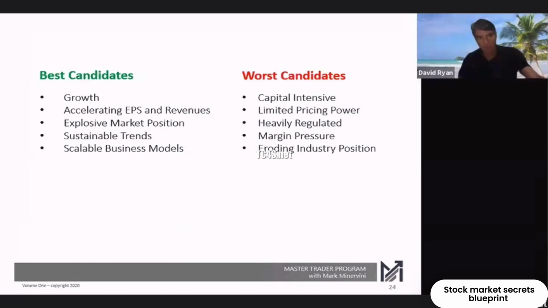And Mark, if I could add on this, when you look at these best candidates, you're looking at a market of, let's say, 3, 4, 5,000 stocks, and you want to be finding the best stocks that have these characteristics. So you're taking the whole market and bringing it down to 100 stocks, or maybe even 50 stocks, or even less than that.